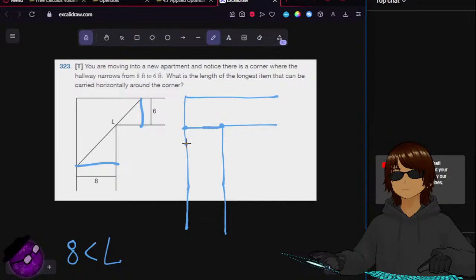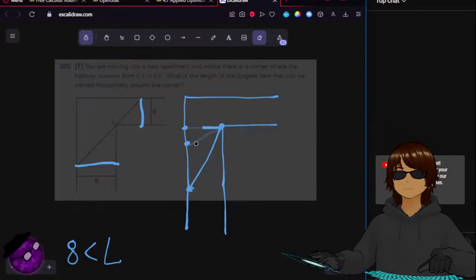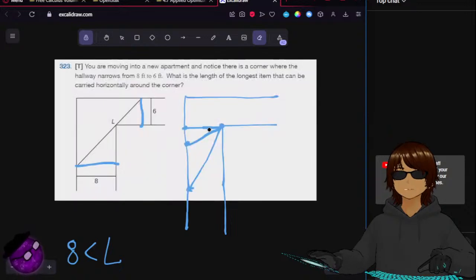Bring it a little bit down. This is more than 8. Like L touches this wall and this corner, and this is longer than 8. But basically what I'm thinking, if you take a particular length L, oops, I don't want to erase the picture.